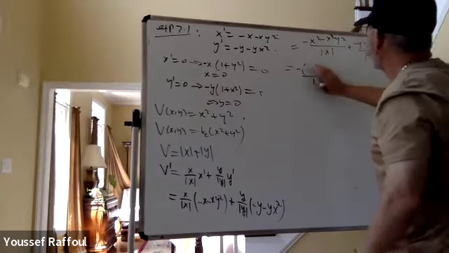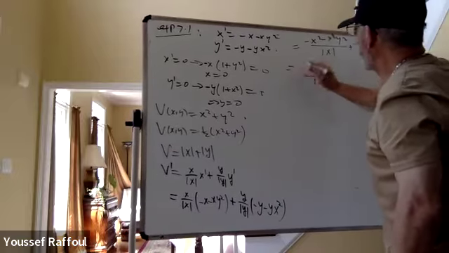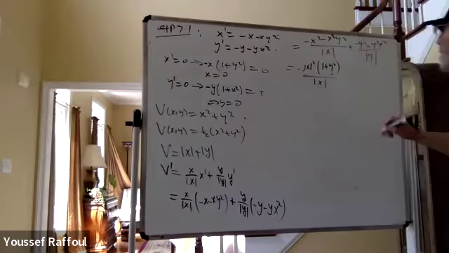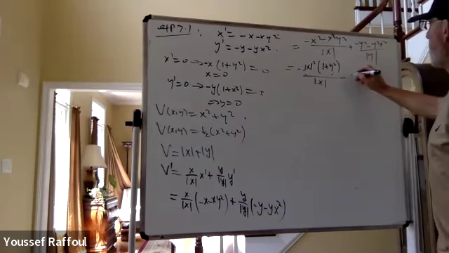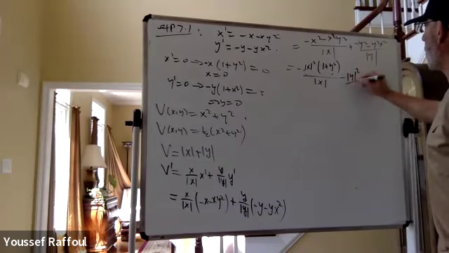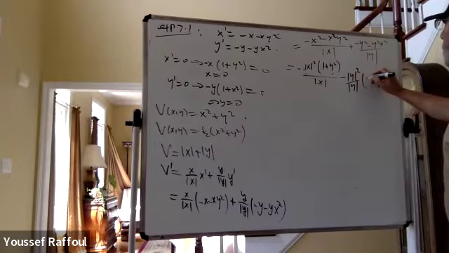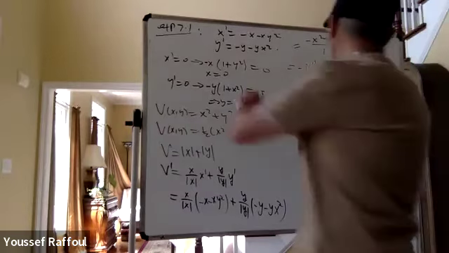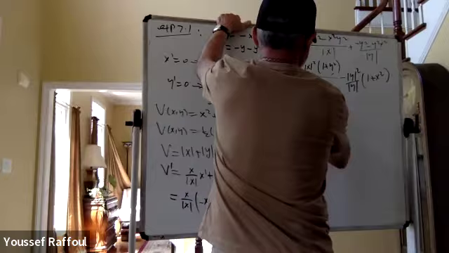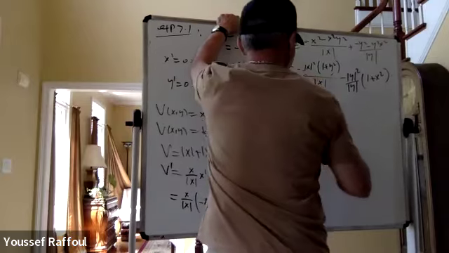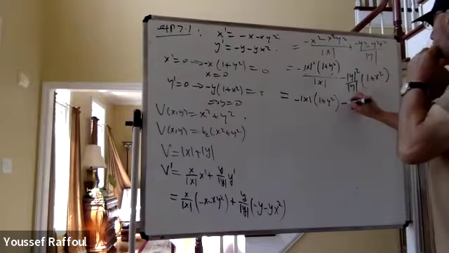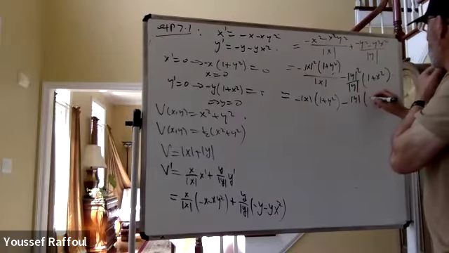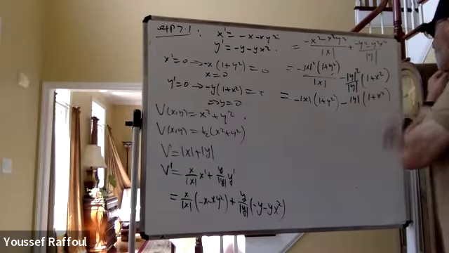Sorry. This is minus x squared times (1 plus y squared) over absolute value of x, minus y squared over absolute value of y times (1 plus x squared). Now simplify. This is minus x times (1 plus y squared) minus y times (1 plus x squared).